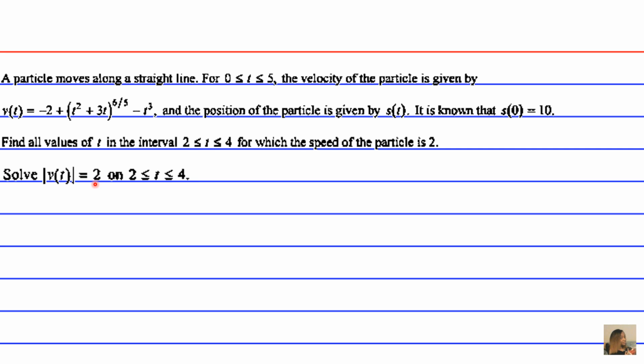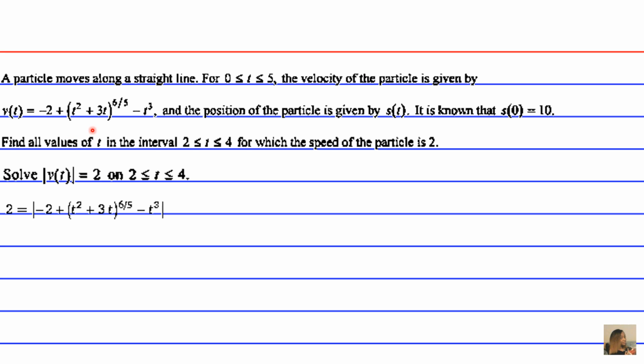We're not concerned about the sign associated with 2. We just want to know where the magnitude is 2, and only on the closed interval between 2 and 4. So now is not the time to go ahead and solve this equation.